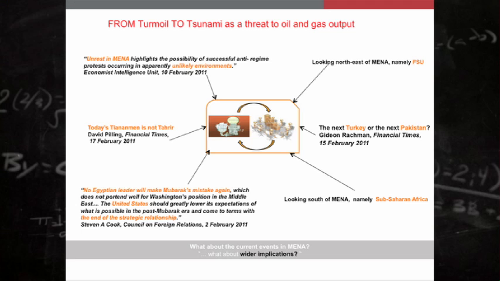And then they have to read more widely about what's happening right now with newspapers, and they try to understand the wider implications. We are aware of the unrest in MENA, but what if we need to look north and east of MENA, the former Soviet Union? What will it mean in terms of the production and supply of energy if there is an unrest in the former Soviet Union?